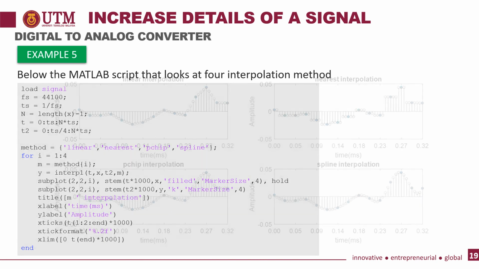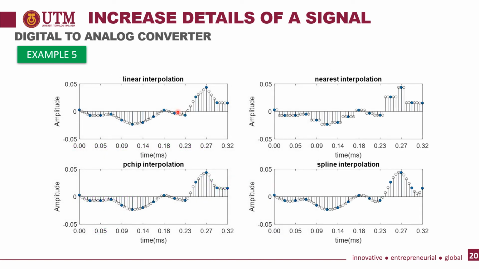All right, so this is the example of using different types of interpolation methods for digital to analog. This is how you increase the digital data by using linear, and this is by using nearest interpolation. The nearest is not that good because when you compute this analog data, it will not become that accurate.